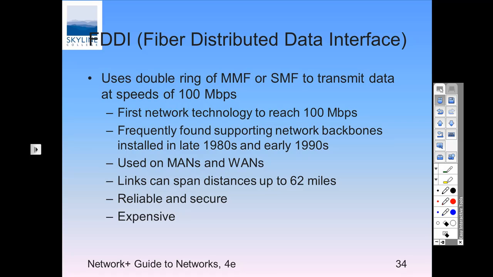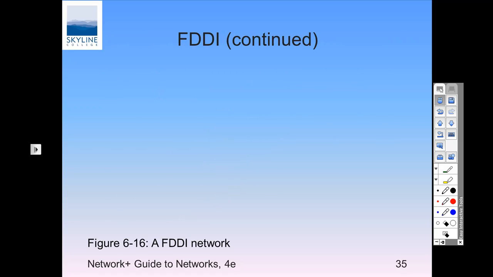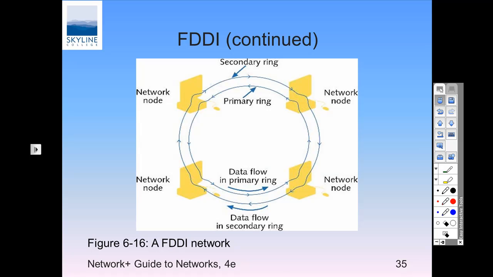It's a fiber network, the first network technology to reach 100 megabits per second, so that tells you that it's a relatively old technology. It's frequently found supporting backbones installed in the 80s and 90s, so it really was designed as a backbone. Used on MANs and WANs, it can link distances up to 62 miles, so we're going to get some good distance with these things. Reliable, secure, and expensive.